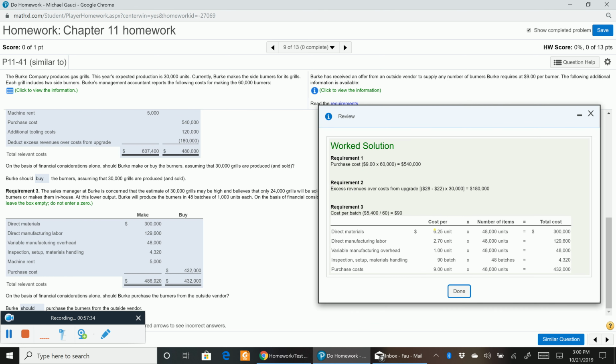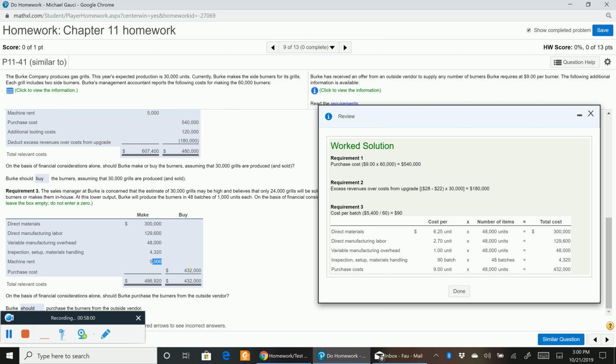So, the direct materials, remember, this was information given to us earlier: $625 per unit times 48,000 units, so 300,000 materials. 129,000 is the labor, 48,000 is the overhead, 4,320 is the inspection, and then 5,000 is the machine rent.